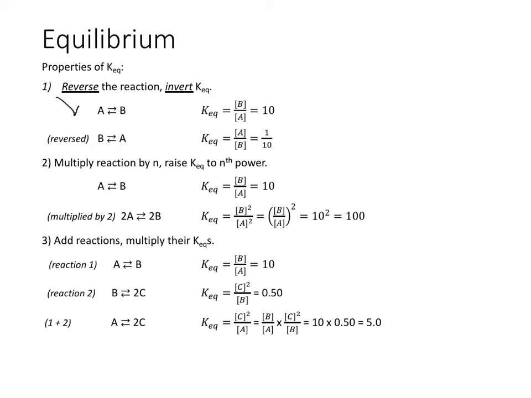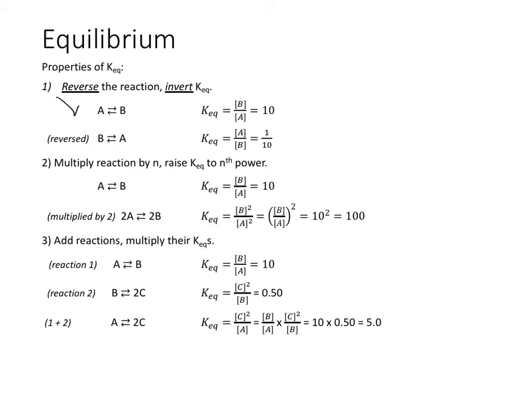If I reverse the reaction, notice the equilibrium constant just gets flipped. What was on the top is now on the bottom, and what was on the bottom is now on the top. And so our value is also inverted. So the equilibrium constant for A goes to B is 10. The equilibrium constant using B as our reactant and A as our product is 1 over 10, or 1/10. So that's the first property.